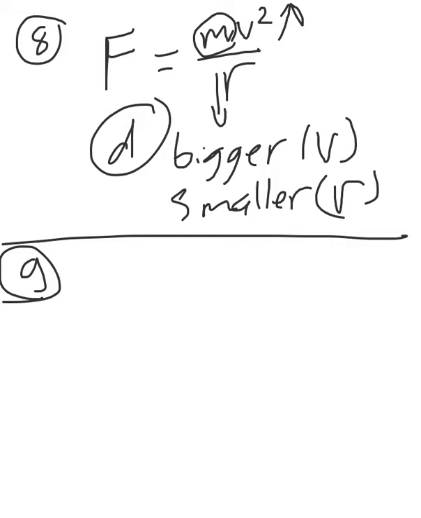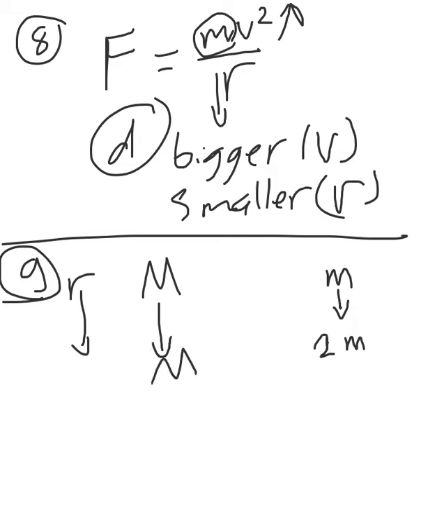I have two bodies, each of mass M. If the mass of one of them is doubled, it changes to 2M, while the other keeps the same mass. The distance between them is R, and he wants the force F to become half F.